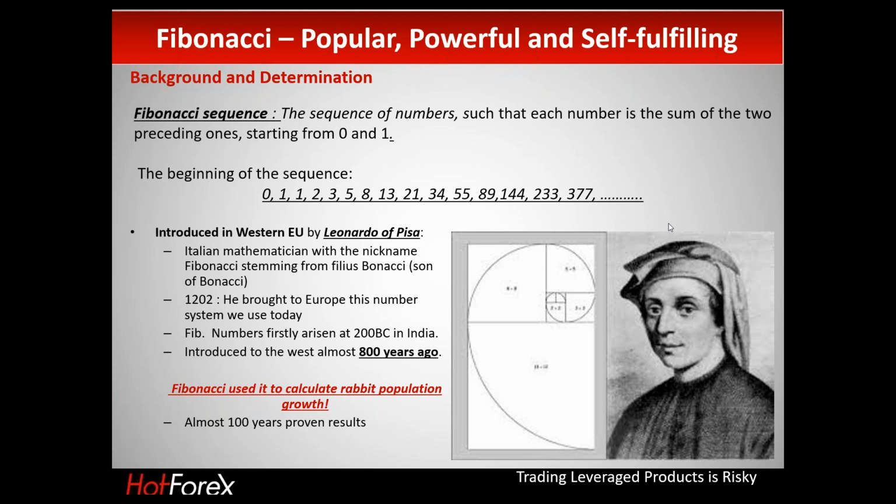One famous use is to calculate rabbit population growth, how we can predict the rabbit population in, let's say, 100 years from now. So it's a cycle that can be used to predict the future based on statistics and some parameters.